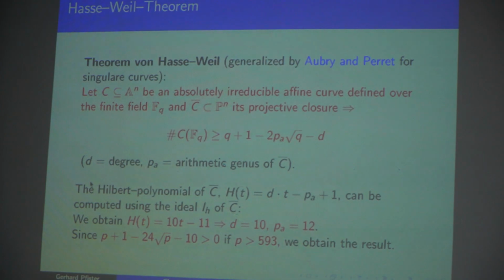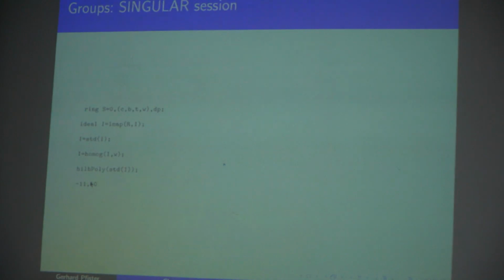So what remains is that we have to prove that our curve is absolutely irreducible. So here, first of all, again, a computation. We have the ring, we take the ideal which we defined before, we homogenize it. Homogenization of the ideal corresponds to the projective closure of the curve, and then we compute the Hilbert polynomial, and we obtain minus 1110.